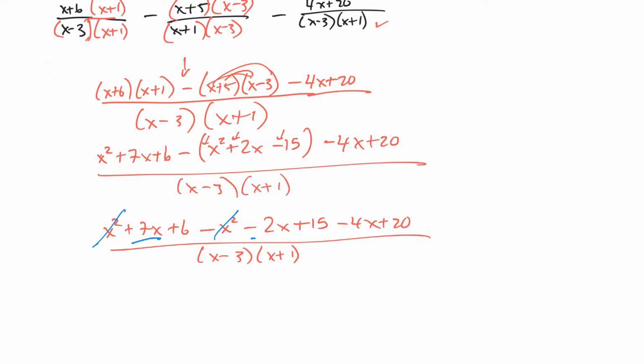7x minus 2x is 5x minus 4x is 1x. So there's just going to be an x there. So that gets rid of those. And then the numbers are plus 6 plus 15. That's 21 plus 20.